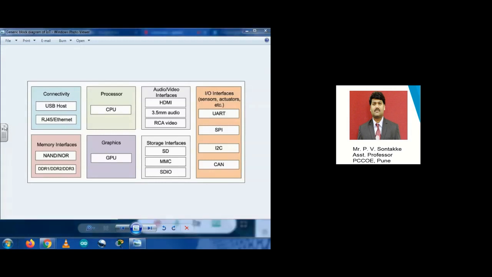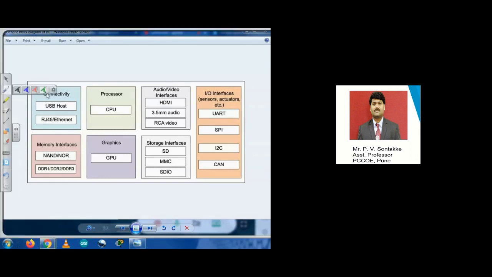Now, the very first one is related to connectivity. It should have certain connectivity ports so that different devices can connect to it physically with the help of cables or some guided media. Take an example, very popularly we have the USB port, USB 2.0 or USB 3.0, depending on the data rate wanted.